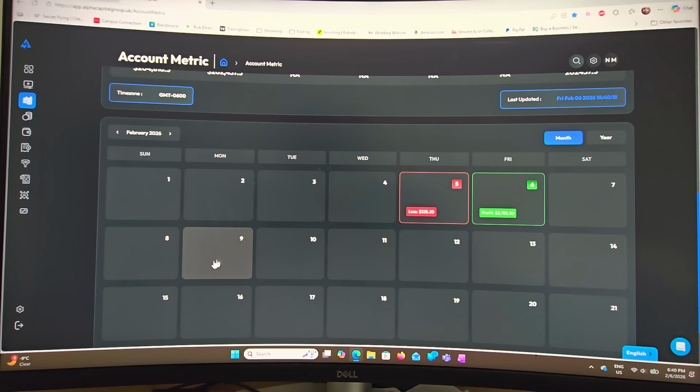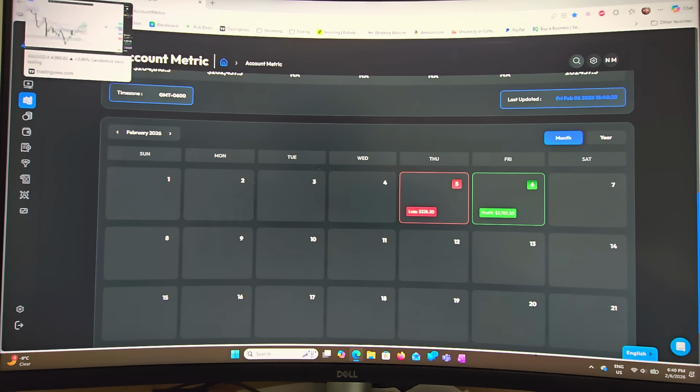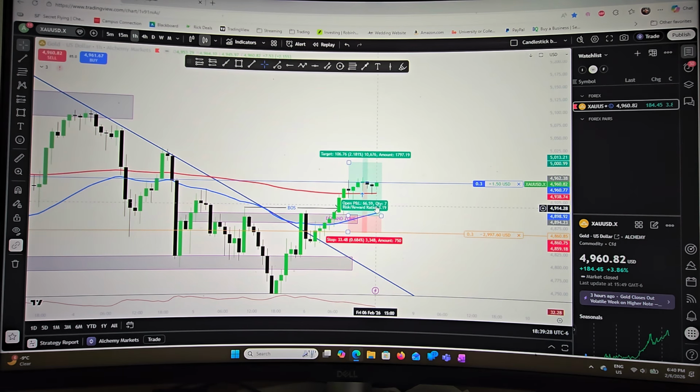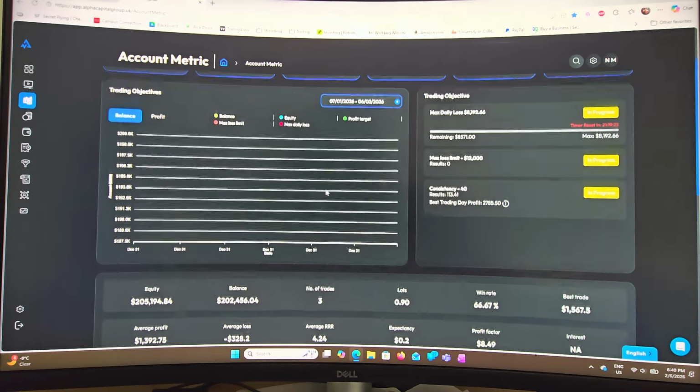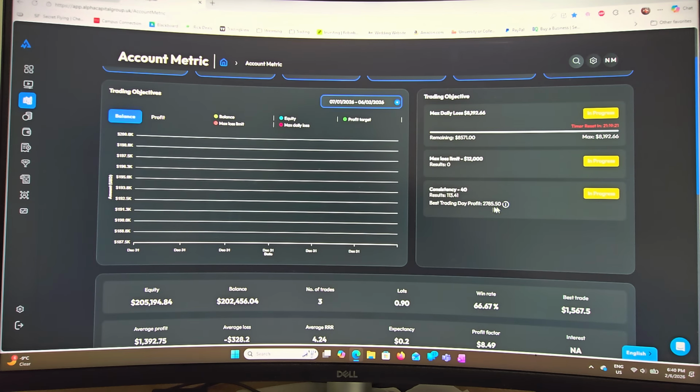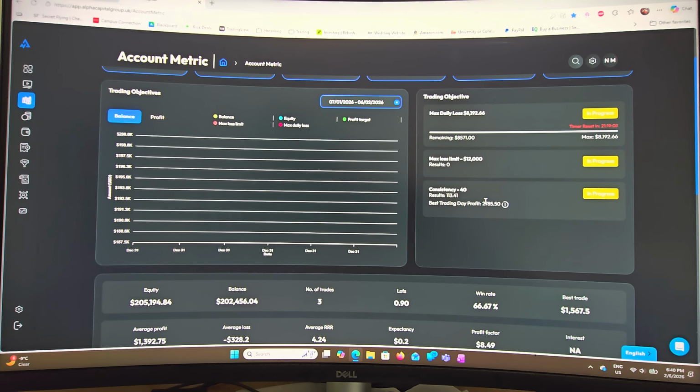So on Monday, it's probably gonna get here and close the trade at a $5,000 profit, and our best trading day would be $5,000, and that would mean that the consistency rule, this value is going to have to change.